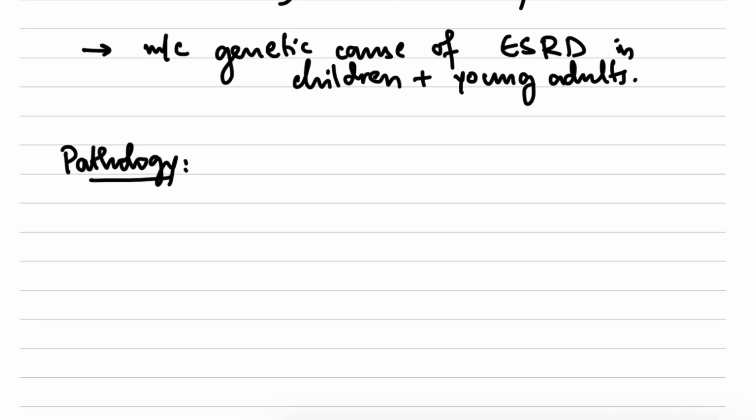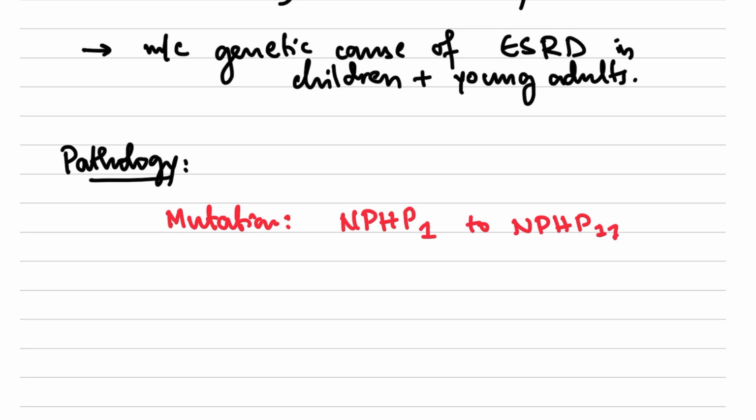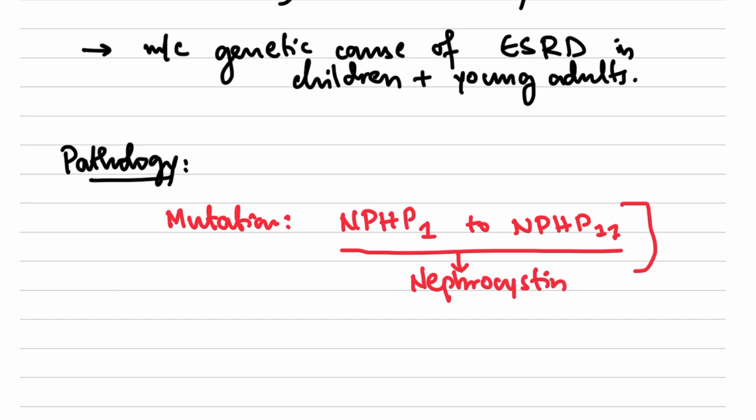In nephronophthisis, the genetic mutation is of NPHP1 to NPHP11, and these genes are associated with nephrocystin protein. This is the main mutation associated with nephronophthisis.